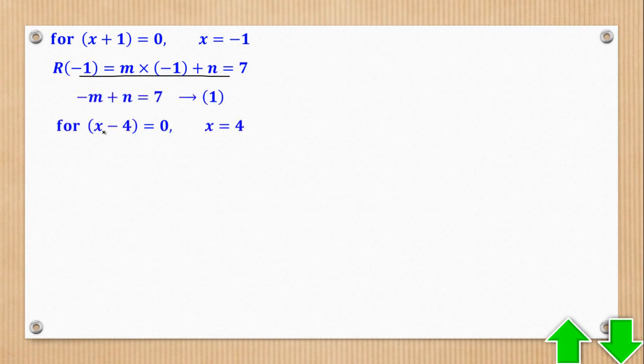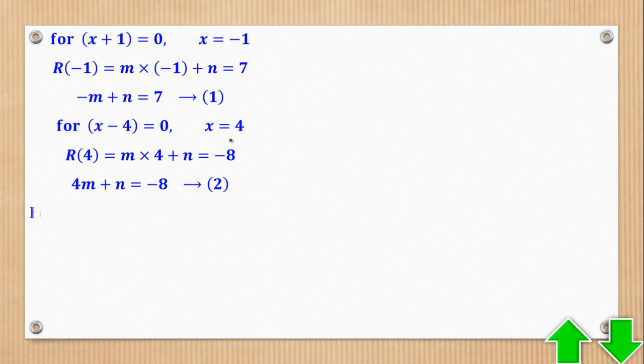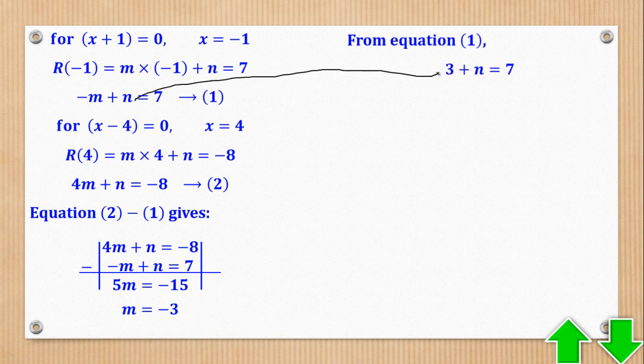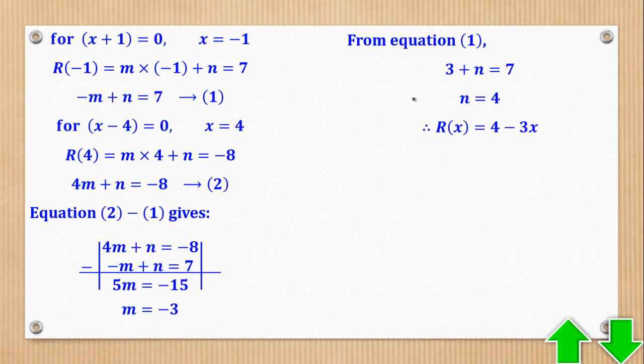When x is 4, remainder is negative 8, I can get equation 2. 2 equations, 2 unknowns, I can solve simultaneously by subtracting, whereby this n cancels, remain with m, which will be negative 3. Now, from there, I can use equation 1 or equation 2. Choosing equation 1, substitute for m to get the value of n. Then you can rewrite the remainder, and that's what they wanted.